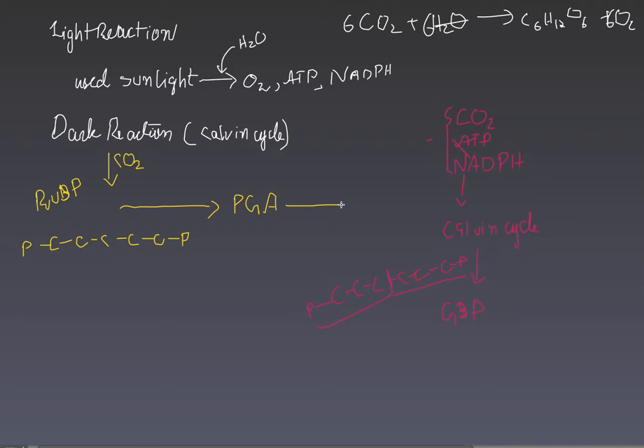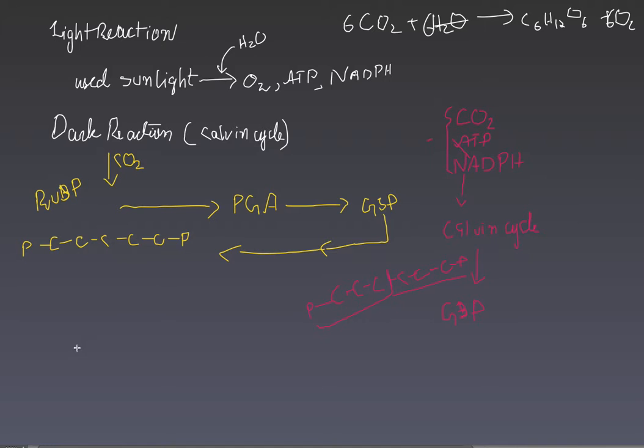This PGA molecule goes through a series of processes, and it eventually ends up being what we call a G3P molecule, the glyceraldehyde 3-phosphate. Some of it is used, and some of it goes back to becoming again a ribulose biphosphate molecule.